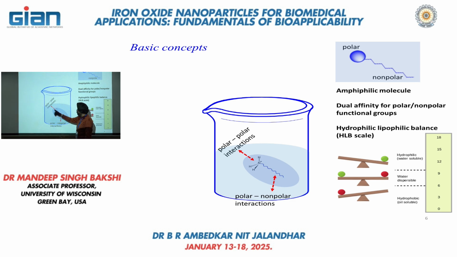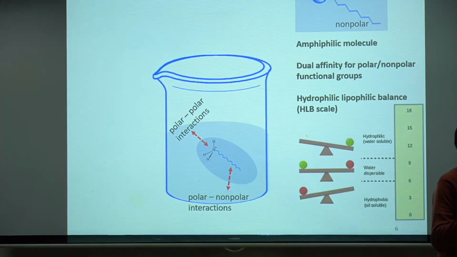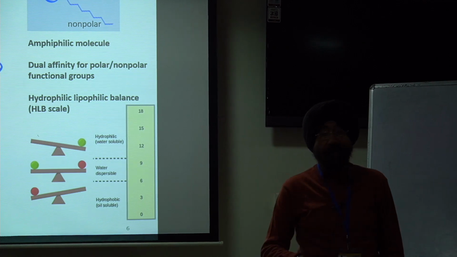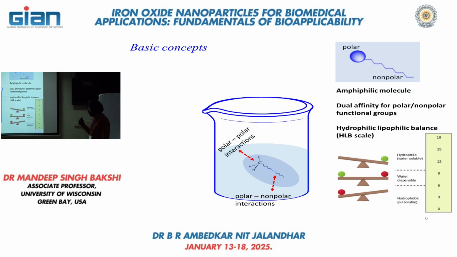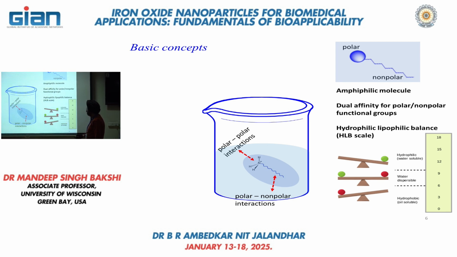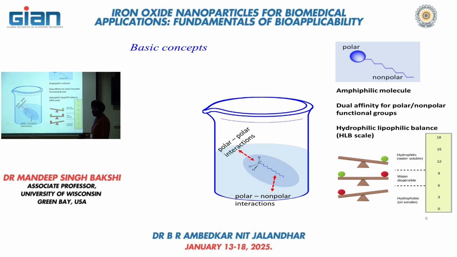Now there is a competition between the polar-polar interactions and the polar-non-polar interaction. Those interactions which predominate will decide the fate of the molecule. If the polar-polar interactions are greater in magnitude in comparison to the non-polar interaction, the molecule will stay in the aqueous bulk. If the non-polar interactions predominate, the molecule will be expelled from the aqueous bulk.